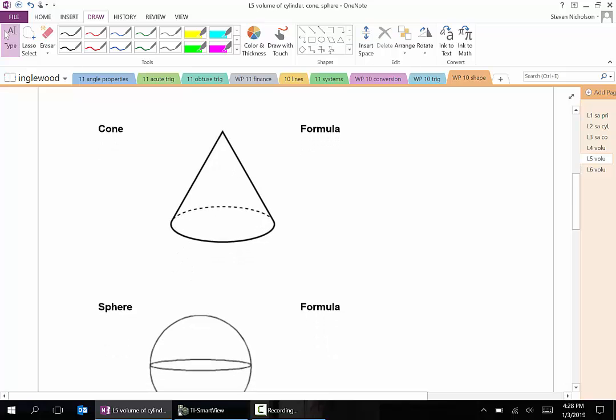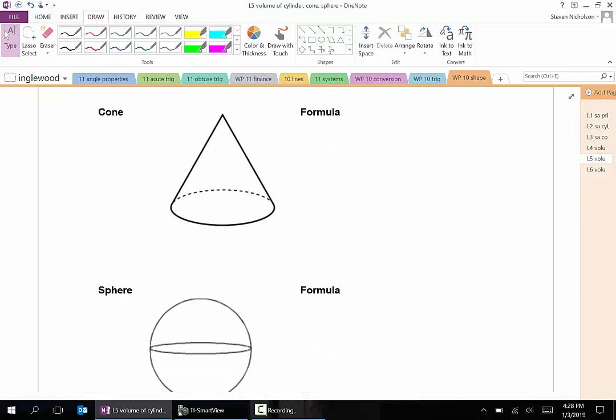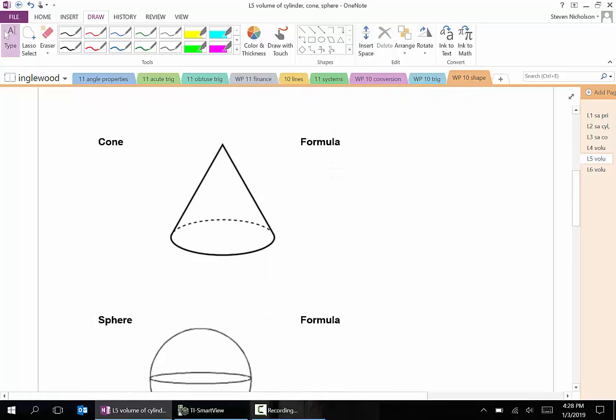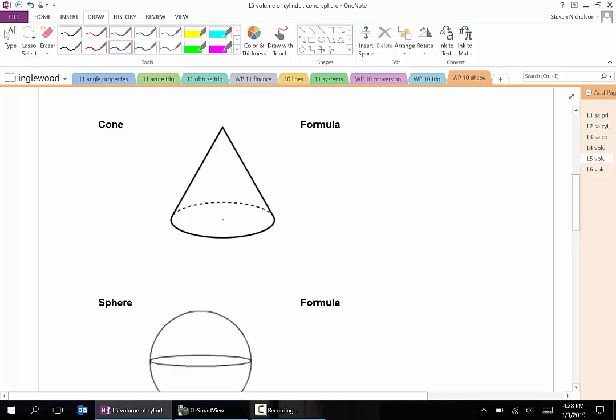Well, the volume of a cone is very similar to the volume of a cylinder. And again, cones have a circular base and the height, the tallness, and the volume of a cone is 1/3 the area of the base times the height.